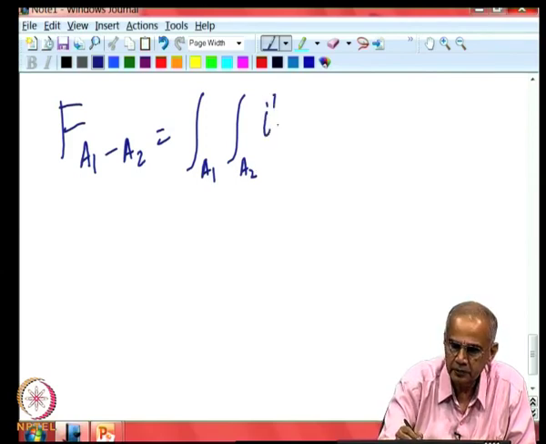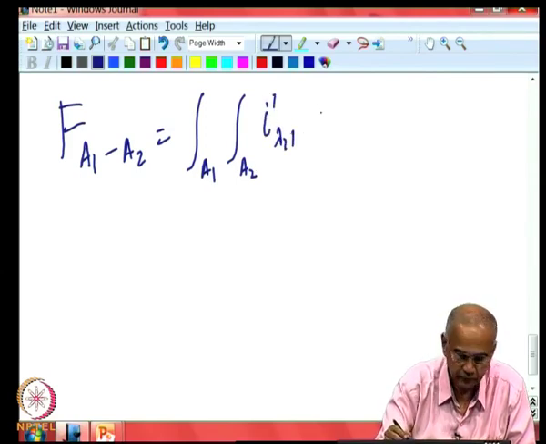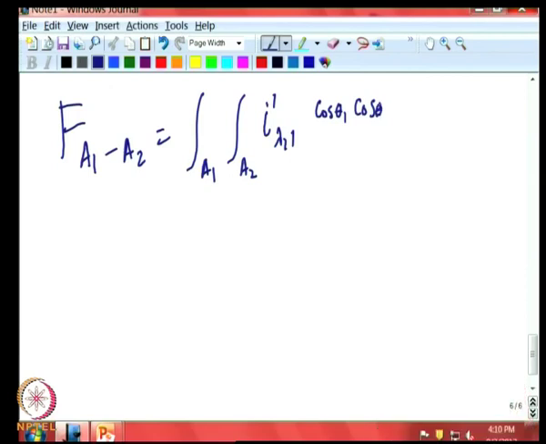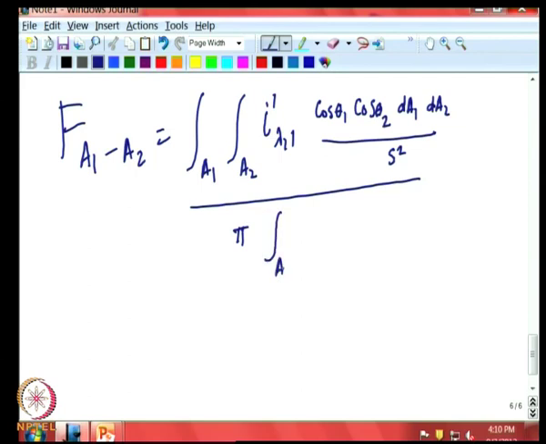The numerator has the intensity leaving surface 1, cos theta 1 cos theta 2, dA1 dA2 by S square. In the denominator, you have pi times the total radiation leaving surface 1.